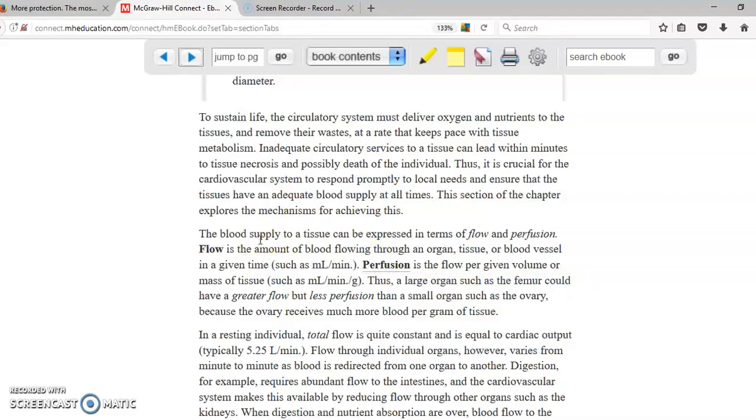So let's say we have 5 liters of blood. 5 liters of blood goes through the bone, 5 liters of blood goes through the ovaries. But overall, the ovaries have a smaller size than the bone. Therefore, the ovary gets the 5 liters, but the perfusion, which is the amount of nutrients and oxygen that it's going to get, is more than the amount of nutrients and oxygen that the femur, for example, is going to get. Why? Because the femur is big, so therefore the amount of perfusion is going to be less.